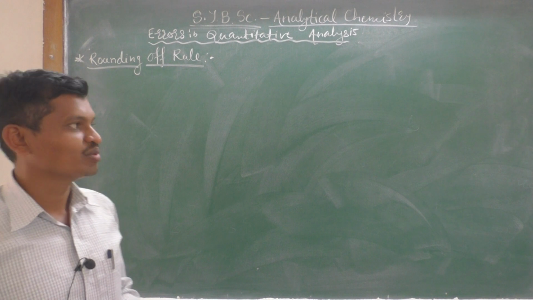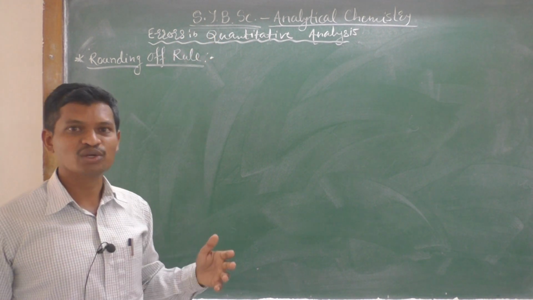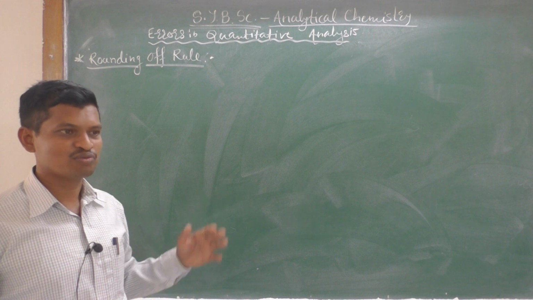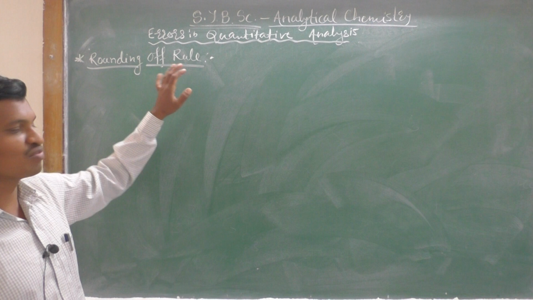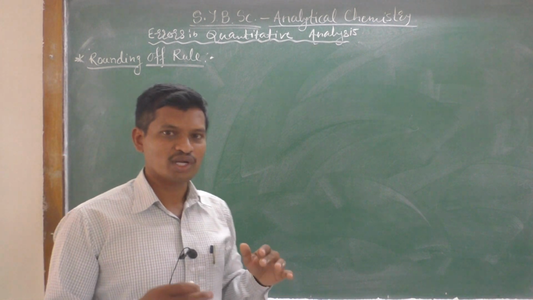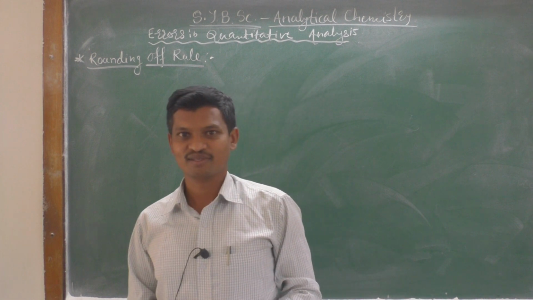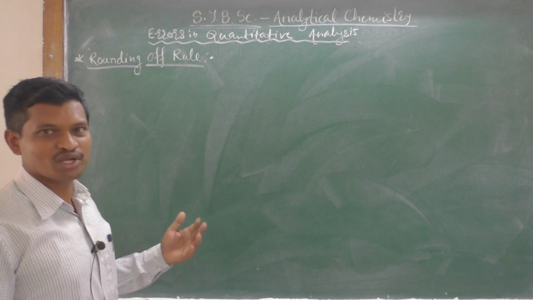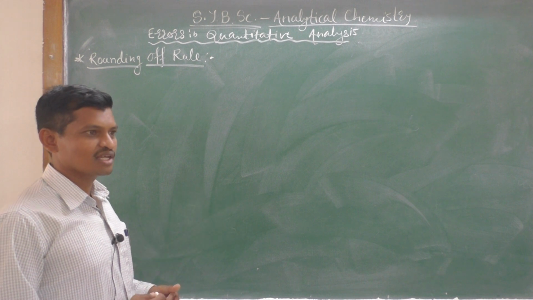Okay, so let us start with a familiar rule. This rule is familiar to all of us, and the title of the rule is the rounding off rule. The rounding off rule is very important in case of significant figures. So what is the rounding off rule? It is very easy.